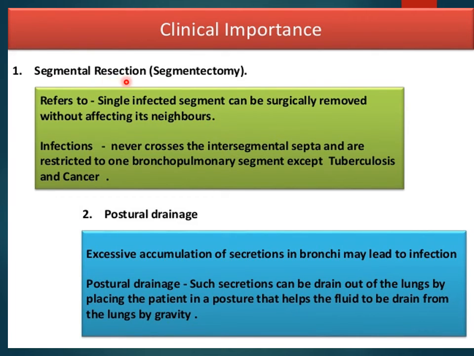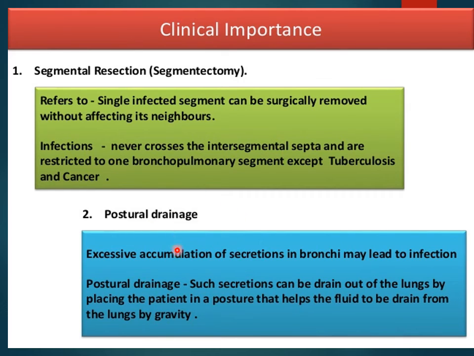So segmental resection can be made easy, as a single infected segment can be surgically removed without affecting its neighbor. Infection never crosses the intersegmental septa and is restricted to one bronchopulmonary segment, except tuberculosis and cancer, which can spread or metastasize from one segment towards the other.